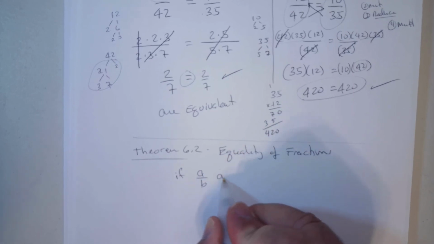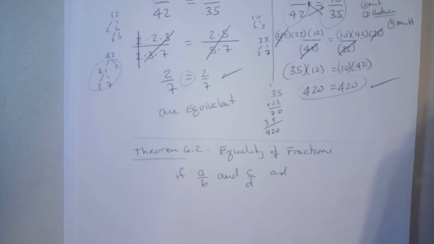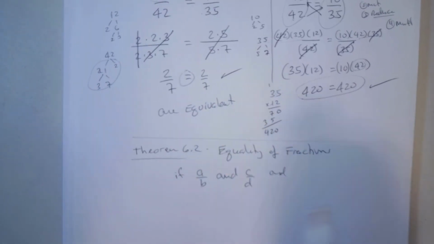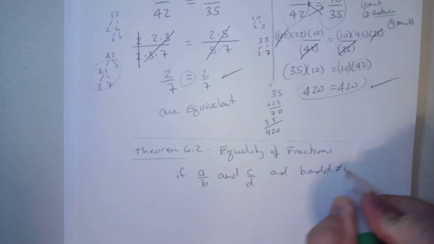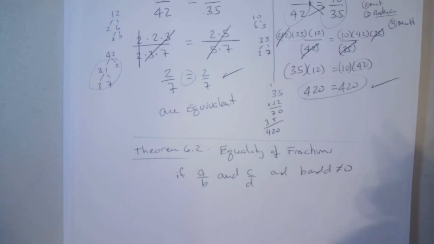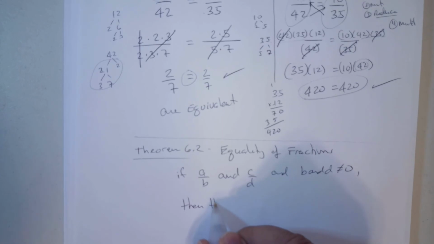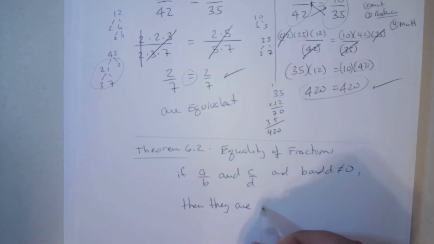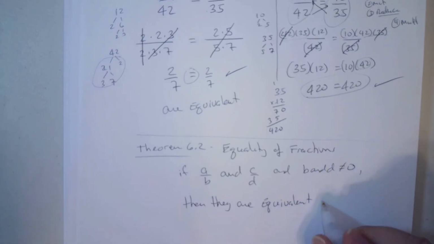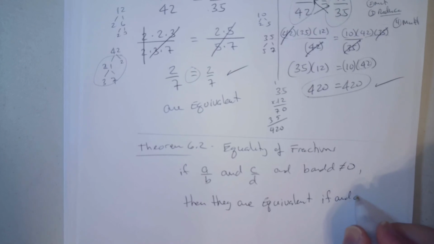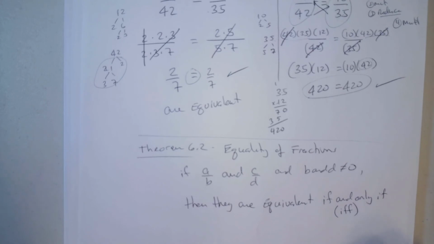If A over B and C over D are fractions, and B and D do not equal 0, because if it was 0 it is undefined, then they are equivalent if and only if A times D equals B times C. From now on, I'm going to write if and only if like that.